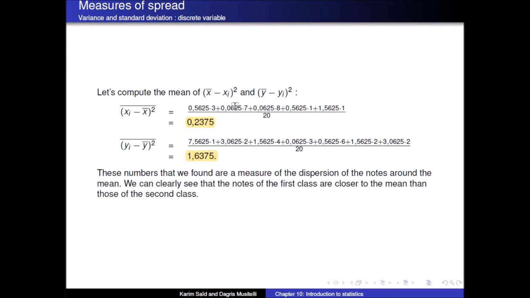It means, on average, the students in the first class are closer to the average grade compared to this one. So we are now able to quantify, to say, okay, this one is closer to the average grade than this one.